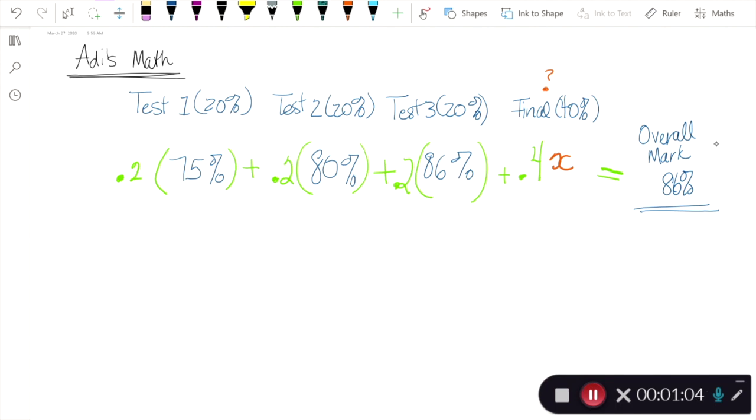And once you have this, you just use algebra in the normal algebra way to figure out how this is going to work.